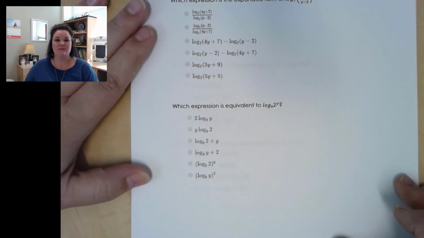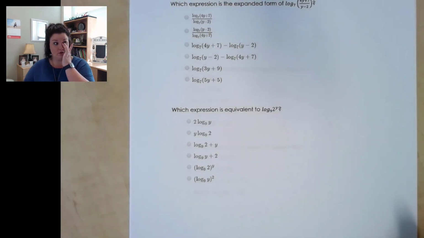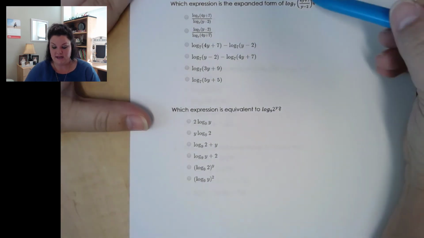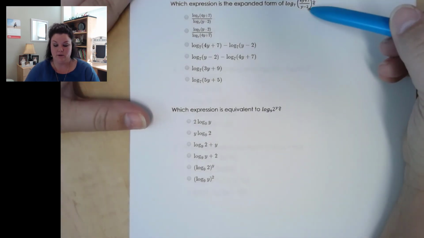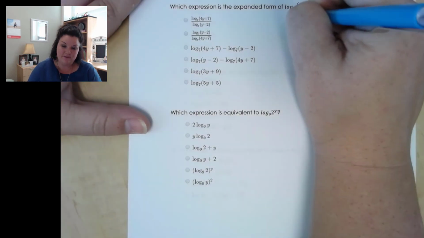This one says, which expression is the expanded form of log base 7 of (4y plus 7) over (y minus 2)? So here, when I look inside this, I'm looking for a multiplication, a division, or an exponent. And the only thing I see here is that I have a quantity on top of a quantity with a fraction line. And remember, that fraction line represents division.